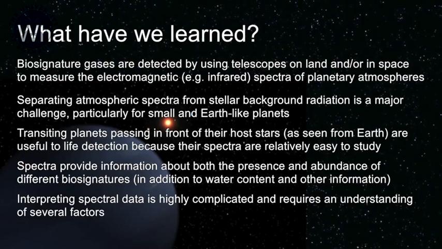We've also learnt, though, that interpreting spectral data is highly complicated and requires an understanding of many different factors, not least the technical specifications of the telescopes you're using to detect this life spectra, but also understanding what sort of gases might be produced by biology and whether those gases could also be produced by non-biological processes. But nevertheless, this is a very exciting area of astrobiology, trying to decide what sort of biosignatures we could look for to detect life on exoplanets.